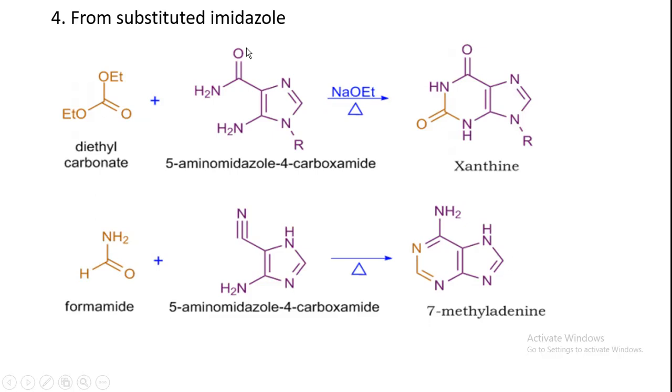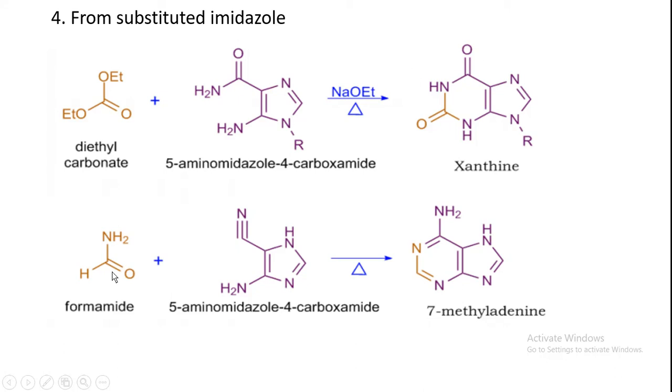Next, from substituted imidazole. This is substituted imidazole. You react that with diethyl carbonate, Et meaning C2H5, in the presence of sodium ethoxide, and you will get xanthine, which is a derivative of purine.